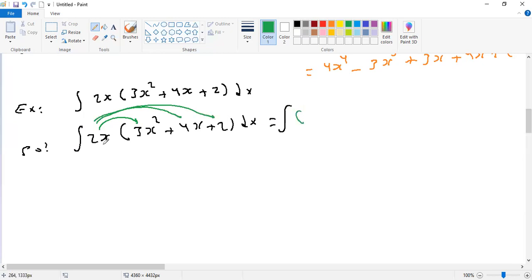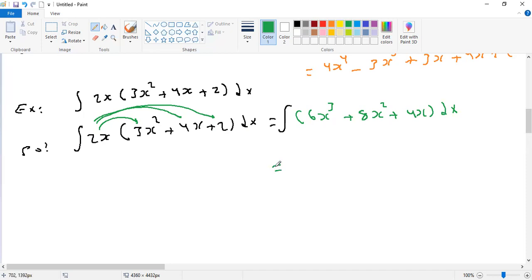So 2x by 3x squared will be 6x cubed. 2 by 3 is 6. 2x by 4x is 8x squared. 2x by 2 is 4x dx. So we have to multiply.